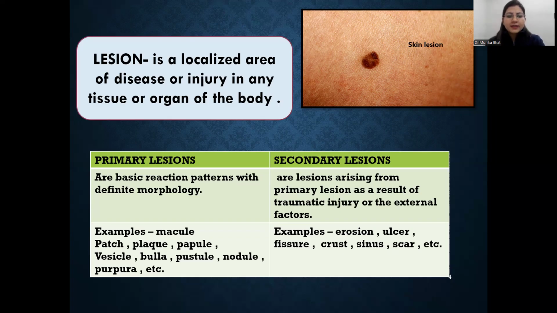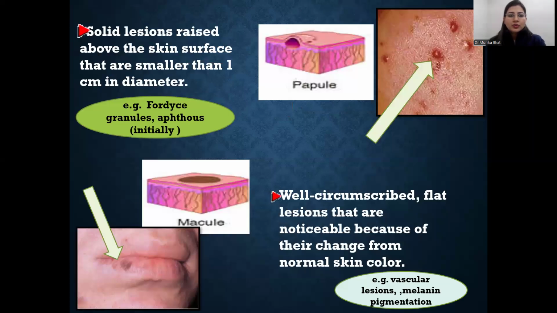If there is any disturbance in the primary lesions, this can lead to the formation of a secondary lesion, like erosion, ulcer, fissure, crust, sinus, or scar formation. So the first example that we have is the solid lesions.